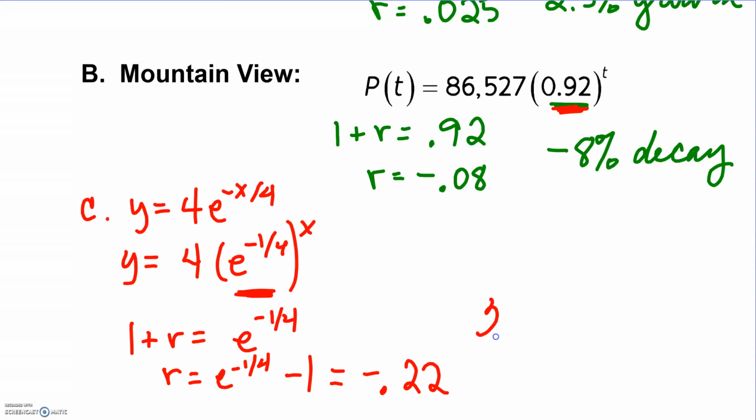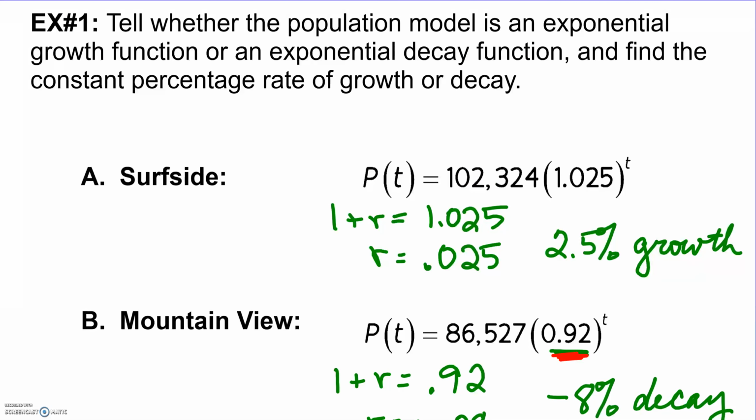So this is a negative 22% decay because it's negative. So your R value is negative 22% there. Also, keep in mind that for an exponential growth curve, like this one up here, your basic graph is going to look like this, whereas an exponential decay, your basic graph is going to look like that. We talked about that in the previous section.